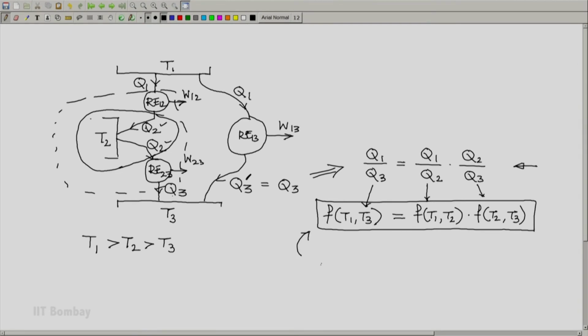Now again the question, what type or form can f have?